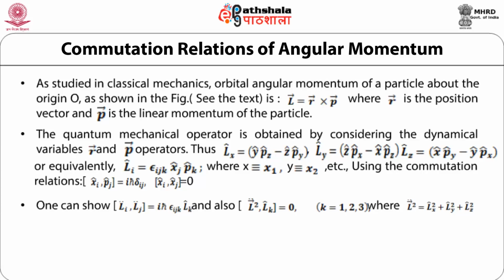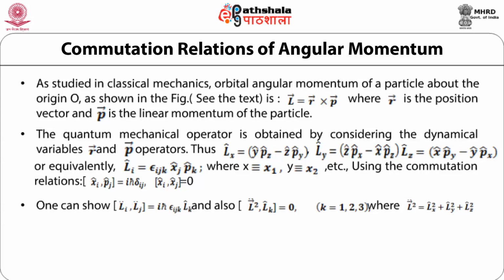And using the commutation relations between the position vector operator x subscript i and the linear momentum operator p subscript j, that is, the commutation relation of operator x subscript i and operator p subscript j is equal to iota times h cross times delta ij, where h cross is h by 2 pi and h is Planck's constant, and delta ij is the Kronecker delta, which gives 1 if the index i is equal to index j, otherwise it gives the value 0.